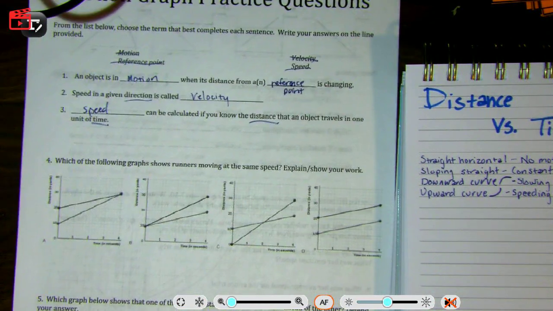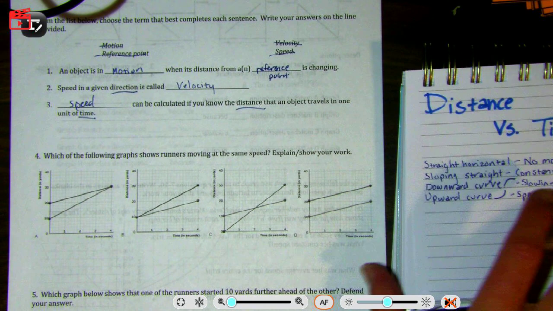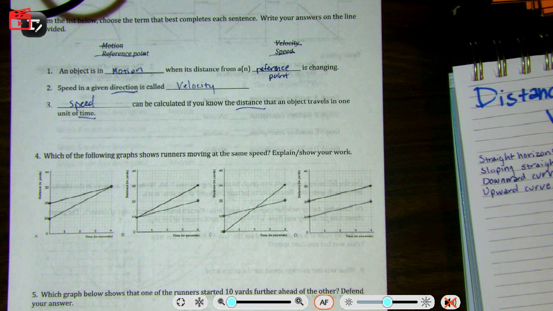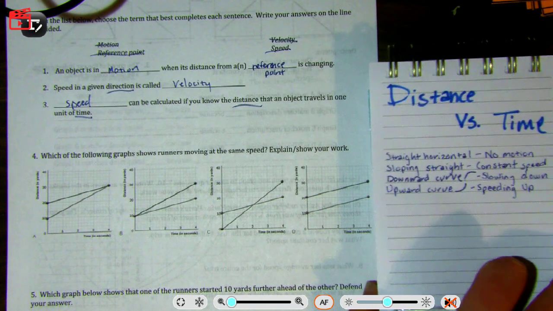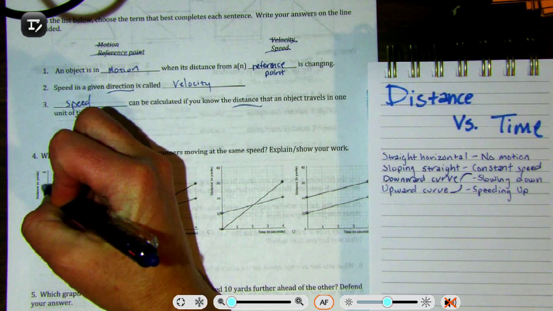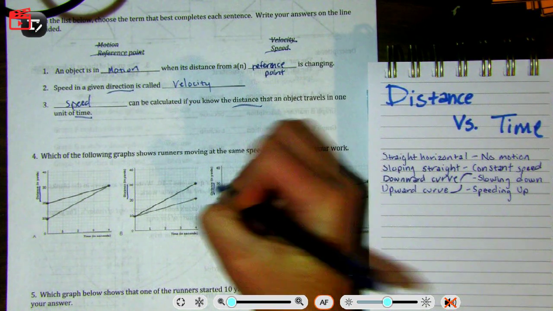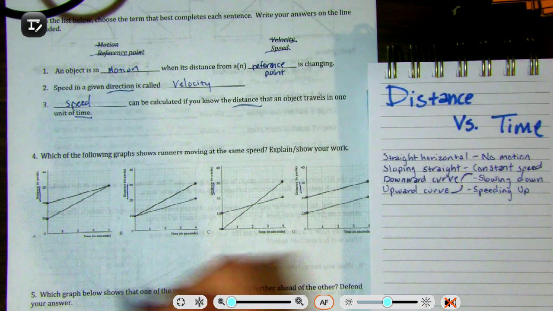All right, so number 4, it says, which of the following graphs shows runners moving at the same speed? Explain or show your work. So I have this fancy little note sheet right there because if you notice, these are all distance and time graphs.